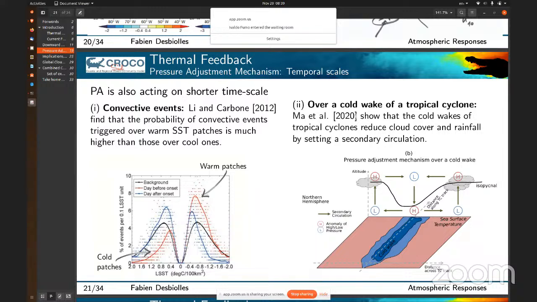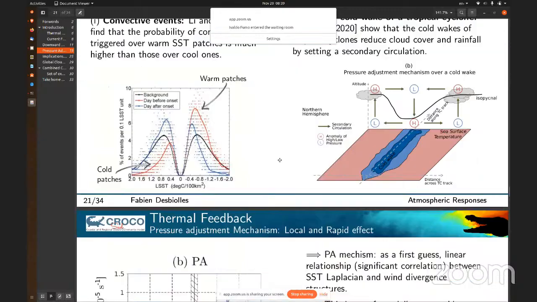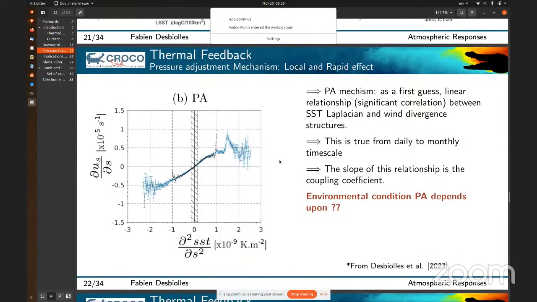Here we see the positive anomaly of sea level pressure and then the development of the secondary circulation. I propose we do exactly the same exercise as we did for DMN, the downward momentum mixing.